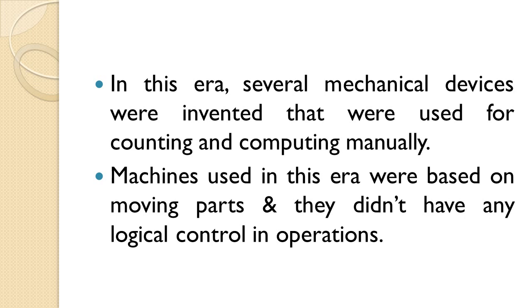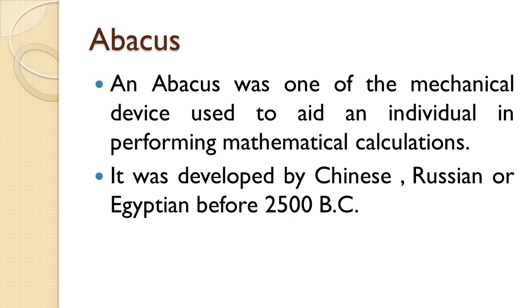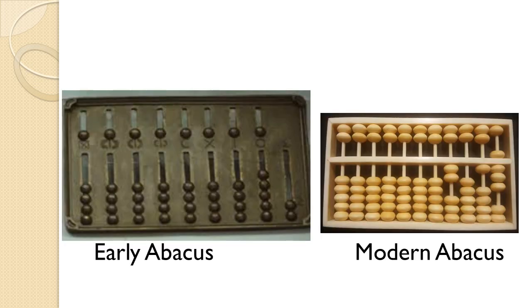Now let's discuss the first device of the mechanical era, that is an abacus. An abacus was one of the first mechanical calculating devices, developed by the Chinese, Russians or Egyptians long before 2500 BC. This is how an abacus looks. On the left side you can see an early abacus and on the right side the modern abacus.